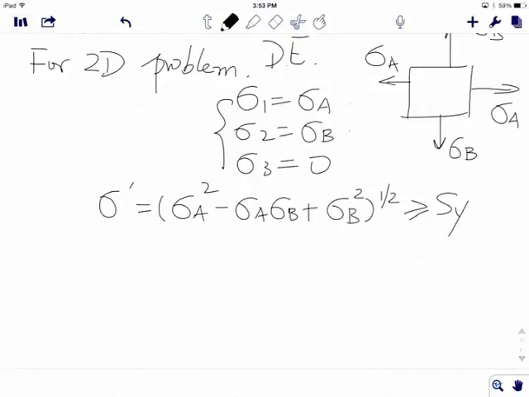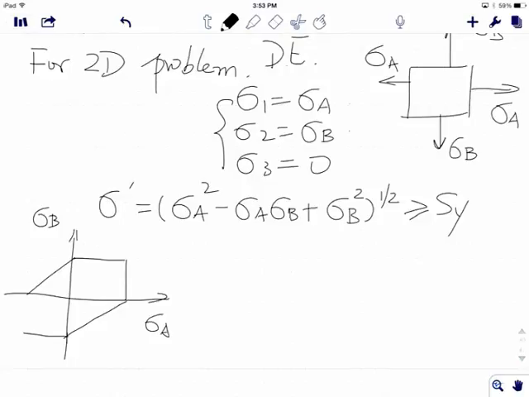Okay, now how do we relate them with maximum shear stress theory? Okay, so for maximum shear stress, we know we have sigma B as my y-axis, sigma A as my x-axis, and we did a bunch of testing, case 1, 2, and 3, and we came up with half of it, right? And we flipped AB order, and we came up with the other half. Okay, so what I'm trying to do is from here, how do we connect to here?